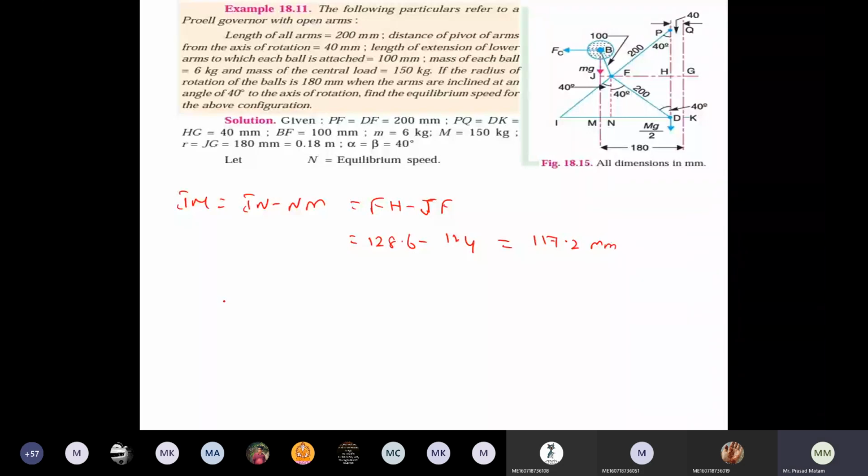Now try to find the ID value, the total distance ID. ID equals IN plus ND. Tell me what is the answer we are getting? What is the IN value?